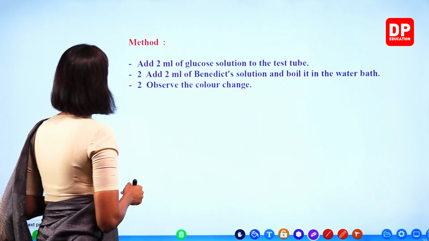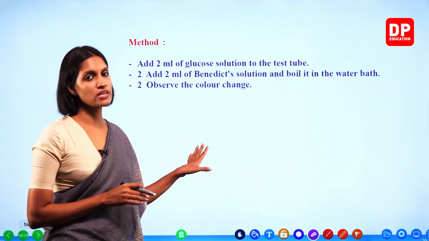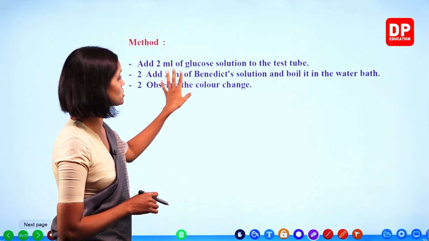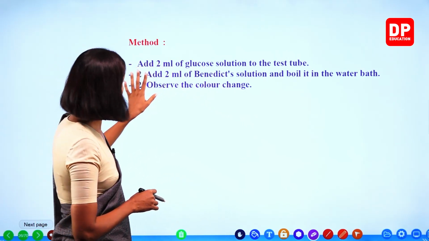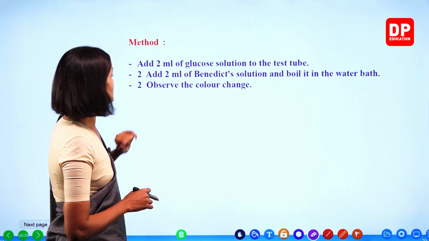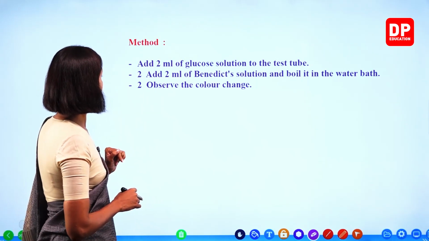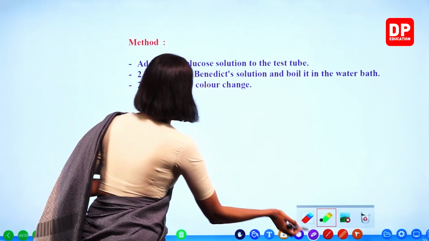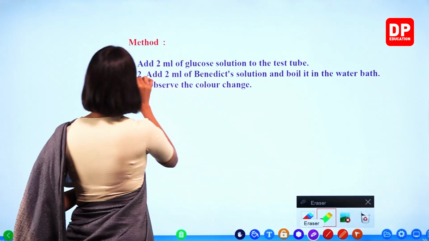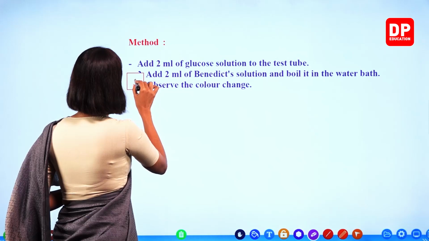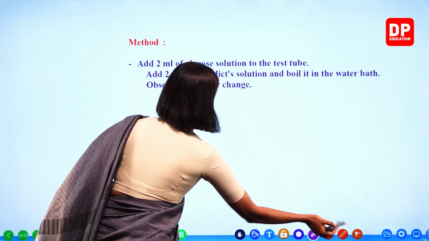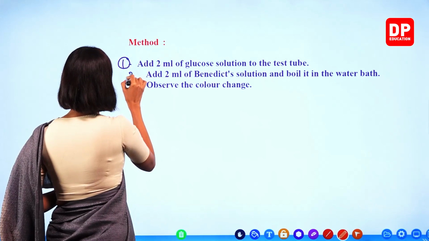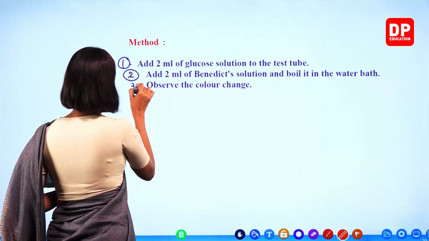Okay. Now the method. So this is very easy. What you have to do is add 2 milliliters of glucose solution to the test tube and then add 2 milliliters of Benedict solution, right? So step 1, step 2, step 3.